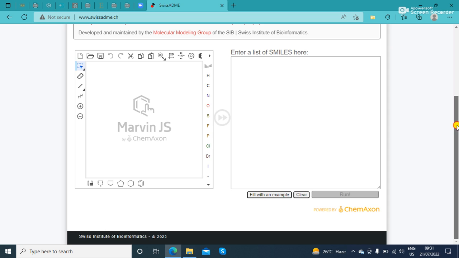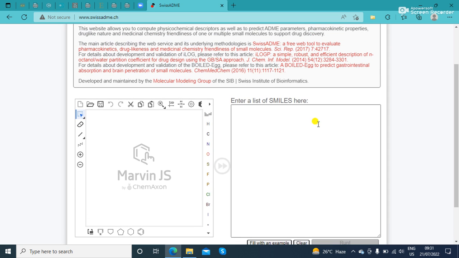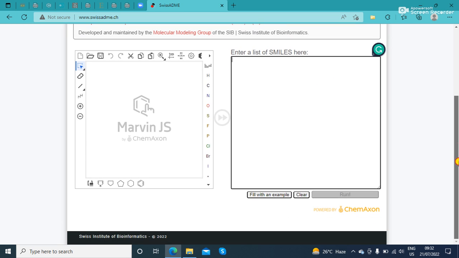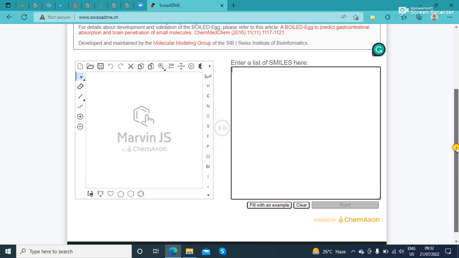What we are going to do is, if we have our SMILES, we copy and paste it here, or if we don't have the SMILES but we know the structure we want, we draw it in Marvin JavaScript here, and then we convert it to SMILES, and we will run it.